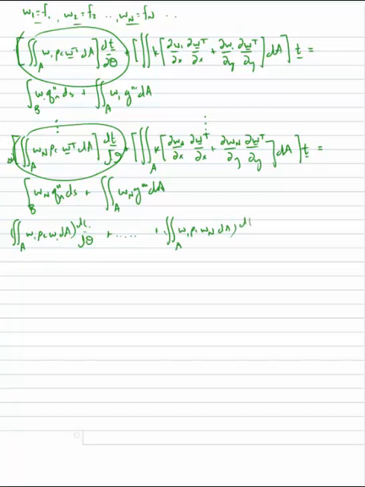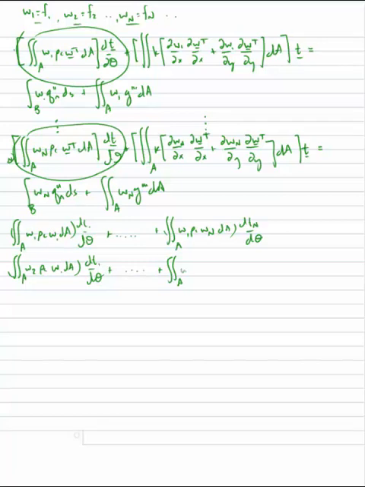And if we went down to the next row, we would be the same thing, but for the weighting function W2, right? So this would be the integral over the area of W2 rho C W1 dA times dT1 d time plus all the way over to the integral over the area of W2 rho C Wn dA and dTn d time.